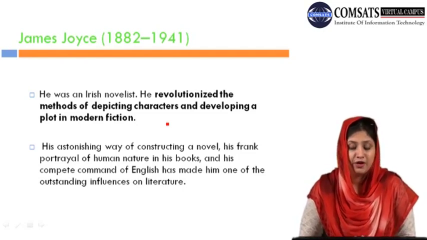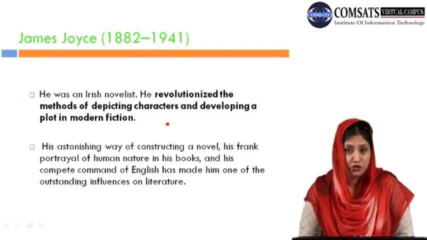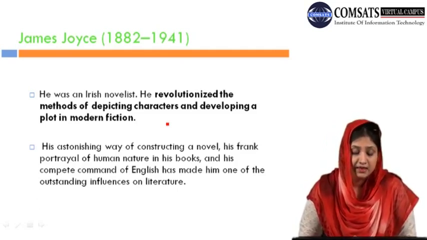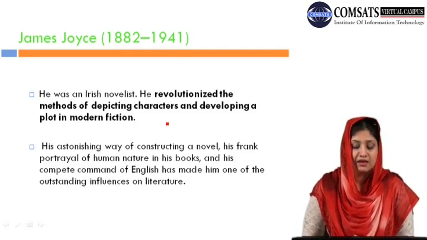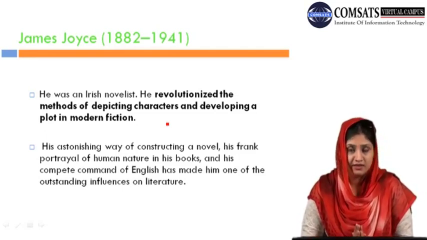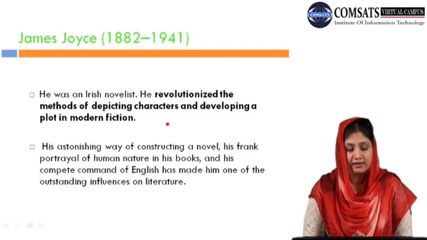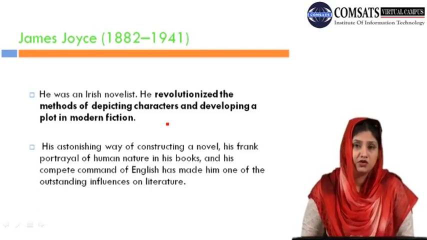His astonishing way of constructing a novel, his frank portrayal of human nature in his book, and his complete command of English has made him one of the outstanding influences on literature. So 3 major qualities that you will find in James Joyce's work is his wonderful and quite friendly and compatible way of portraying human nature.